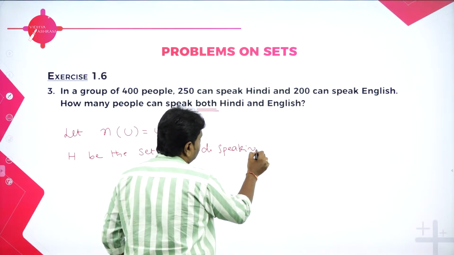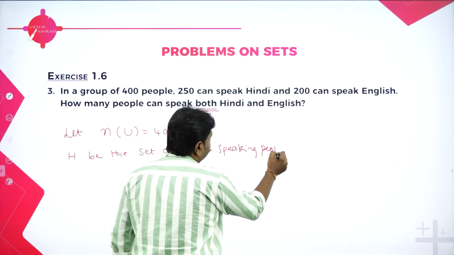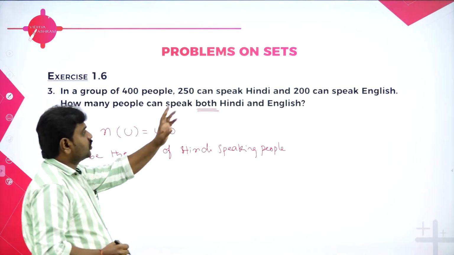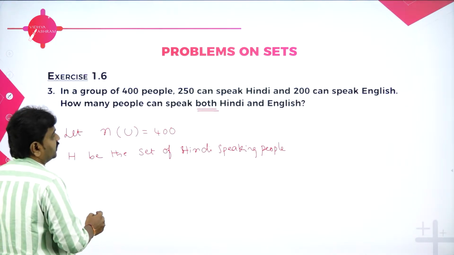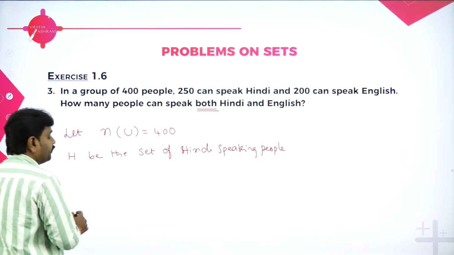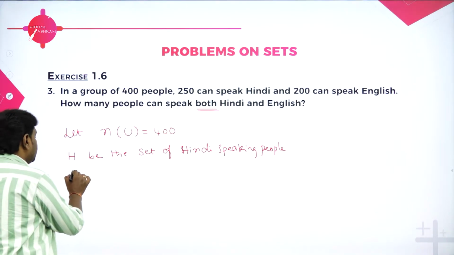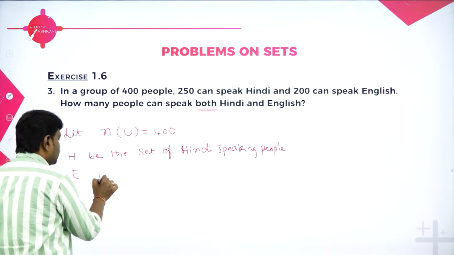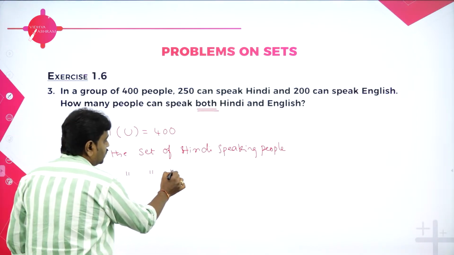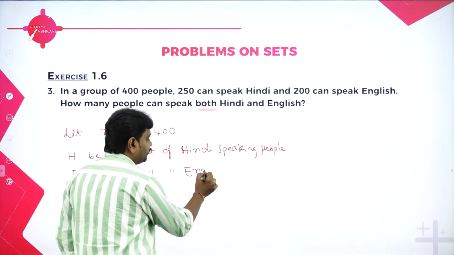They also gave another set, English speaking people. So let E, capital E, be the set of English speaking people.